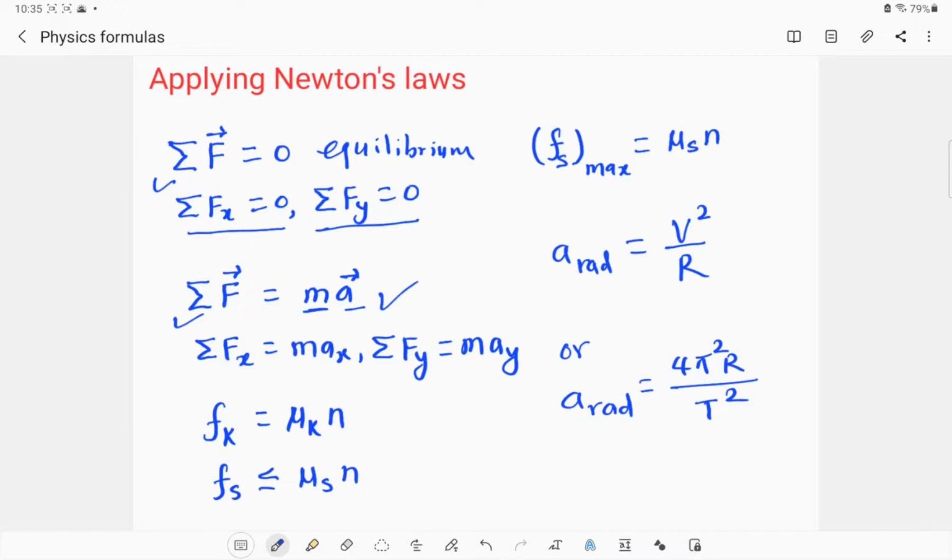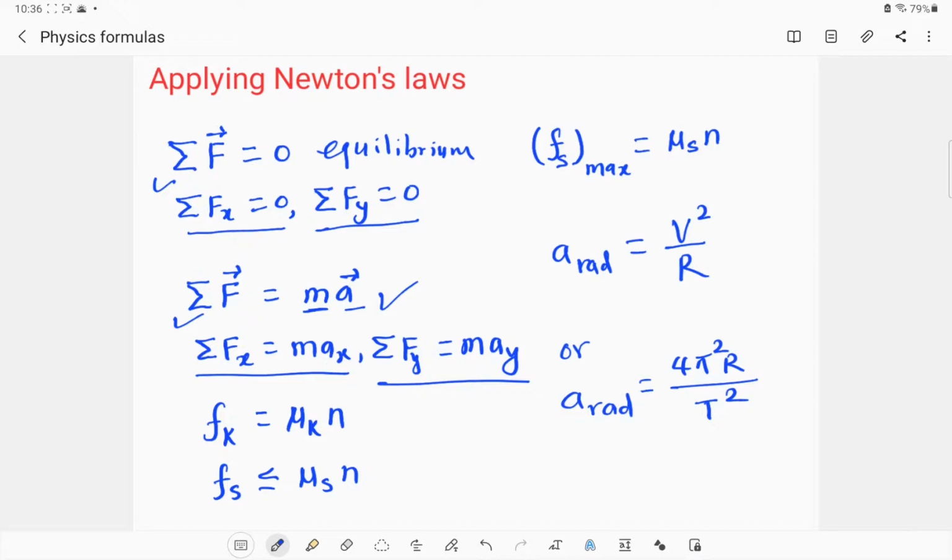How much is the force along the x-axis? Summation Fx equals max, where ax is the x acceleration and Fx is the force along the x-axis, and summation Fy equals may, which is the y acceleration, the acceleration of the particle or body along the y-axis.